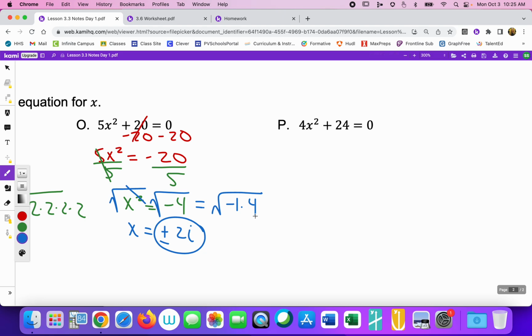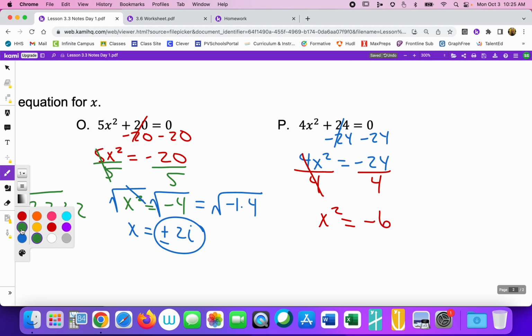Not too bad. They should be pretty quick. And the last one? Subtract 24. Divide both sides by 4. x squared equals negative 6. Take the square root of both sides.